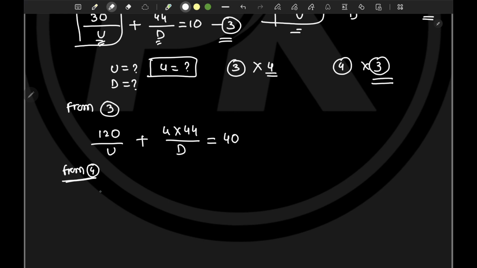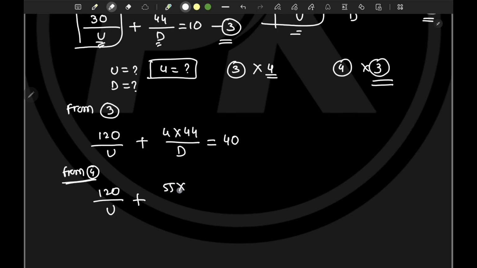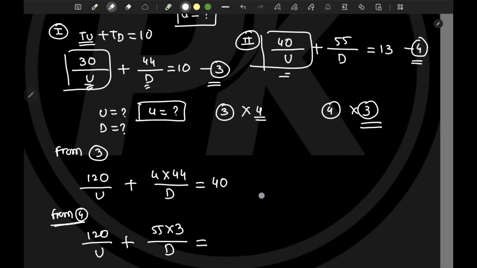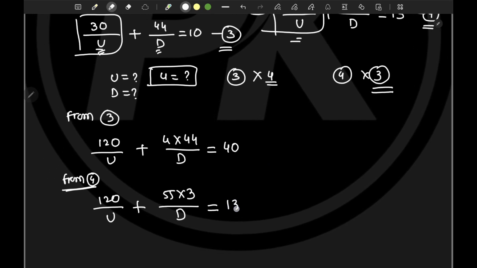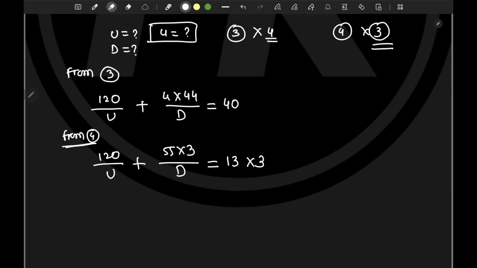So 40 into 3, again it is 120 divided by u, plus 55 into 3 divided by d is equal to 13 into 3, so here I will write 39. Now do you see this is one of the common factors, right?